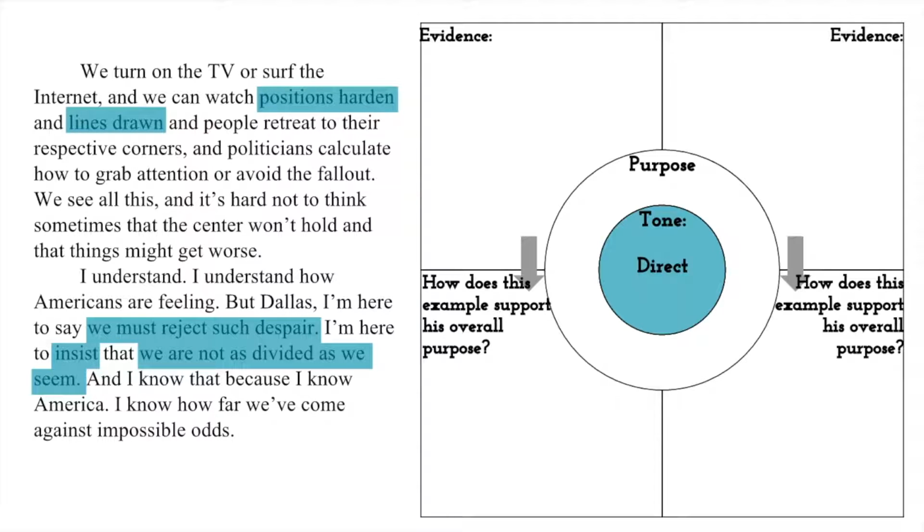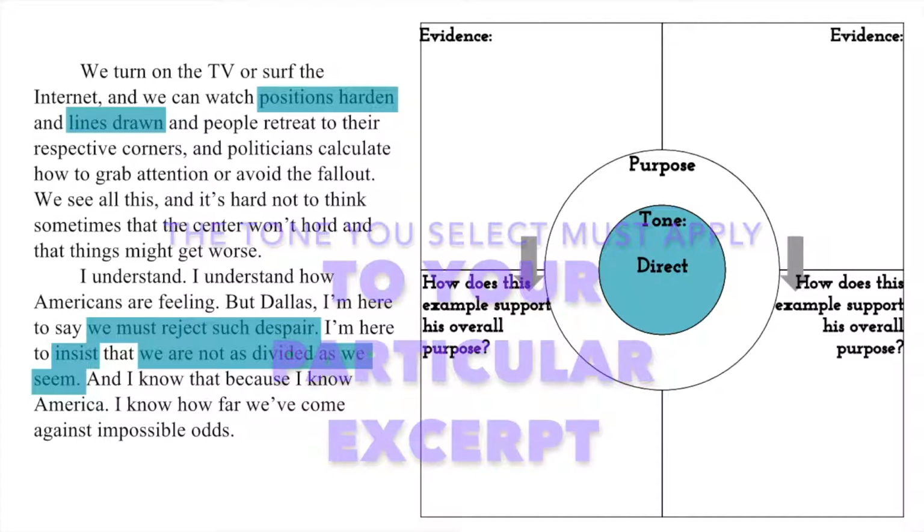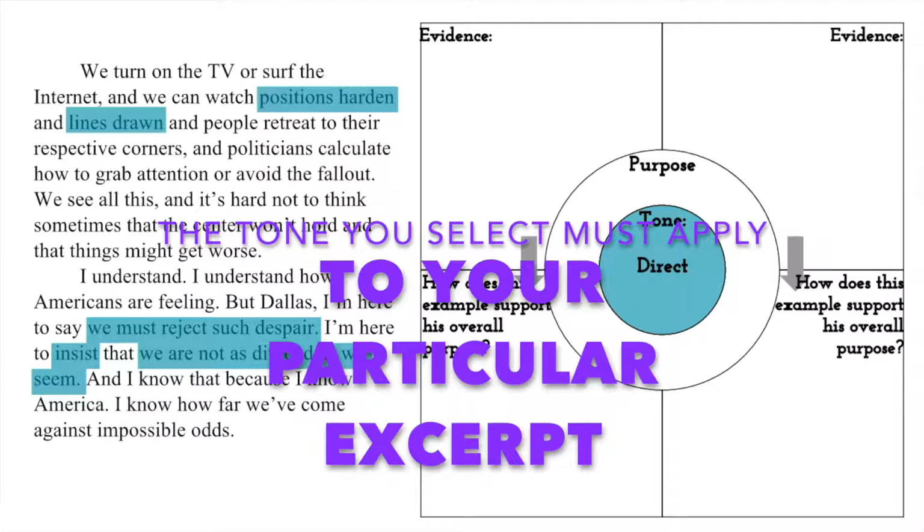What other tones might he have developed in this section? And what words can you highlight that support that tone? If you cannot find words or phrases that support a tone you've selected for your particular excerpt, it might be a tone that is appropriate to some part of the speech, but it really had to apply to the excerpt that you were given.